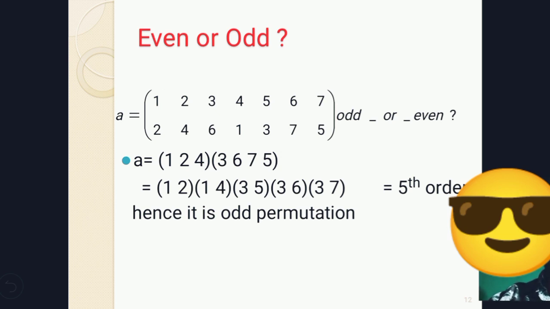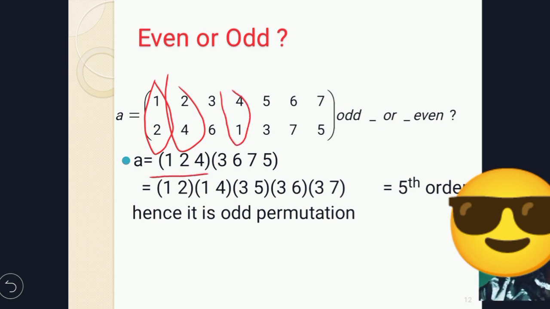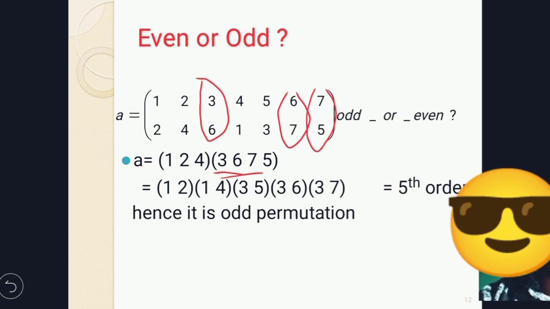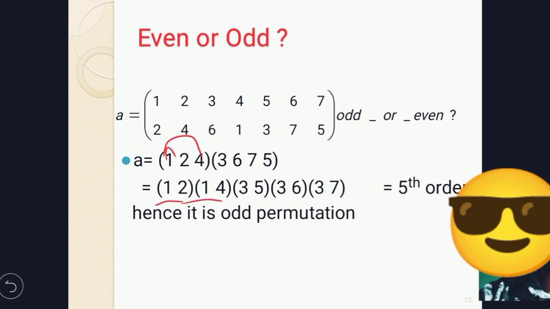In this condition we have to convert these types of problems into cycle notation. 1 to 2, 2 to 4, and 4 to 1 is one cycle, and 3 to 6, 6 to 7, and 7 to 5 is the second cycle, and we can split them into transpositions: 1 to 2, 1 to 4, 3 to 5, 3 to 6, and 3 to 7.